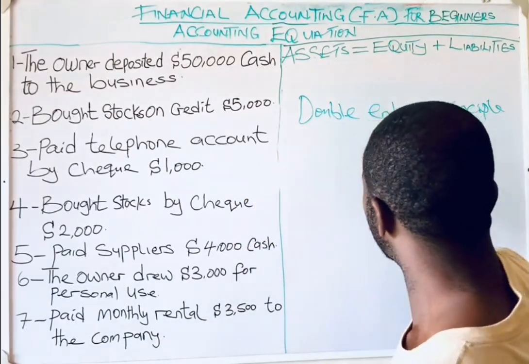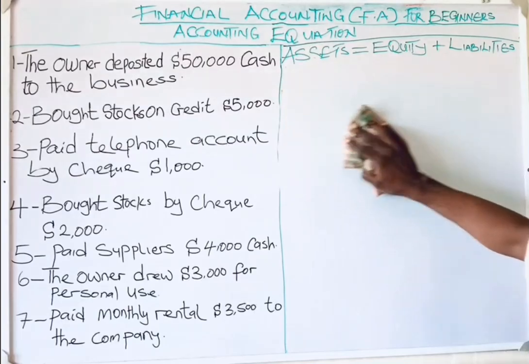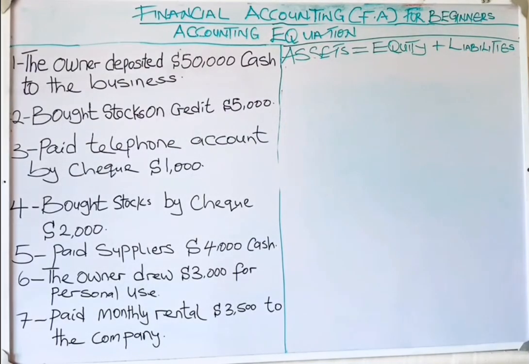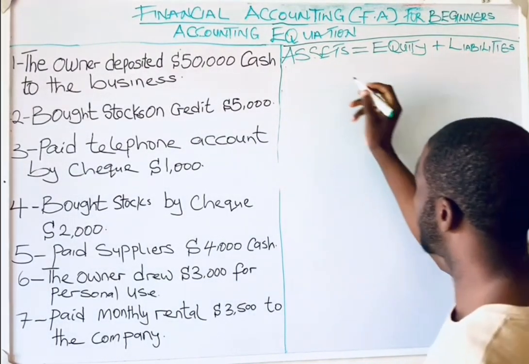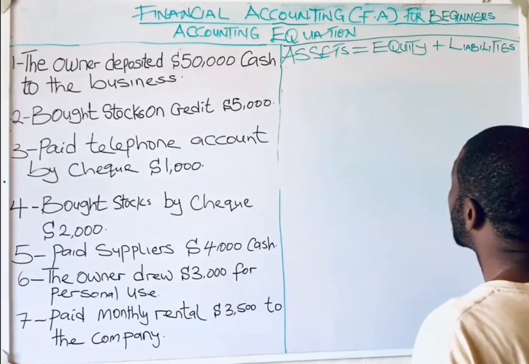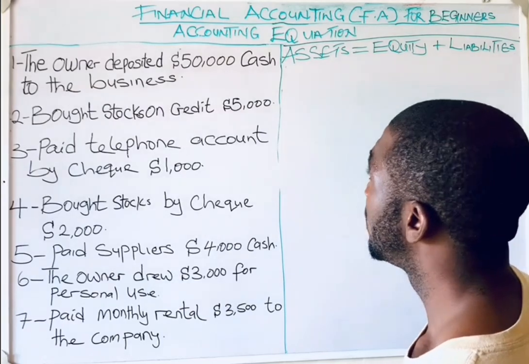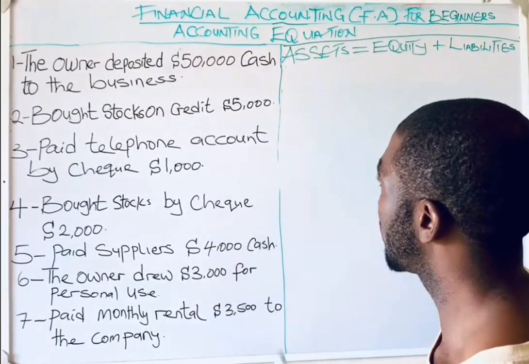Okay, since it's said like that, let's see the equation. This principle is going to guide us to confirming our equation that says assets equal equity plus liability. Now, let's look at our first transaction.